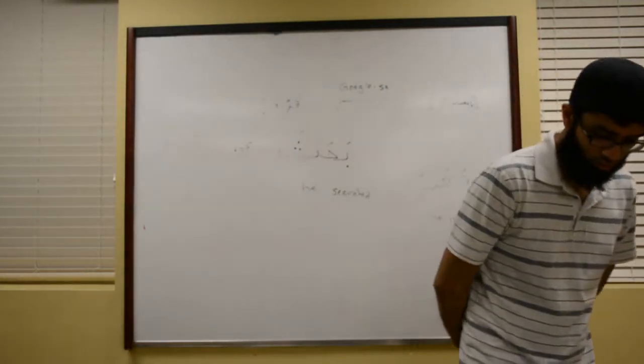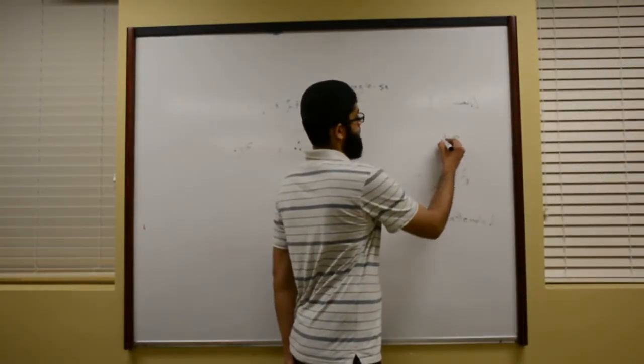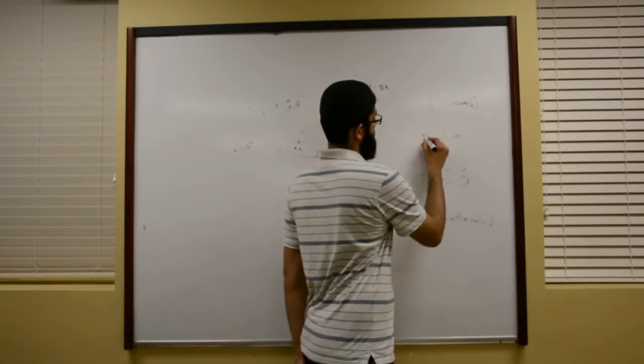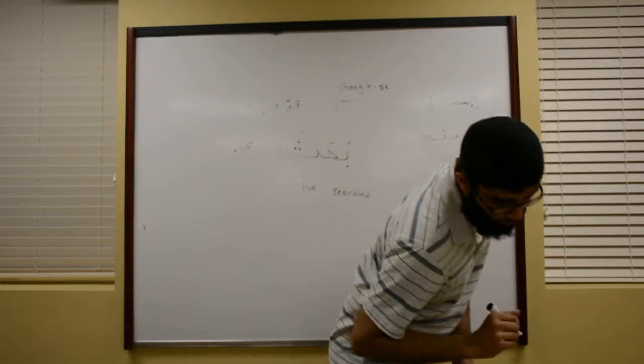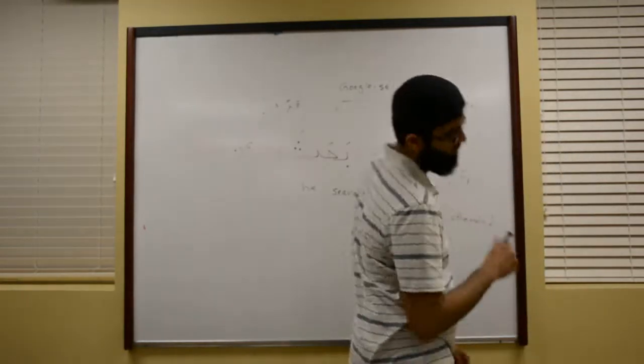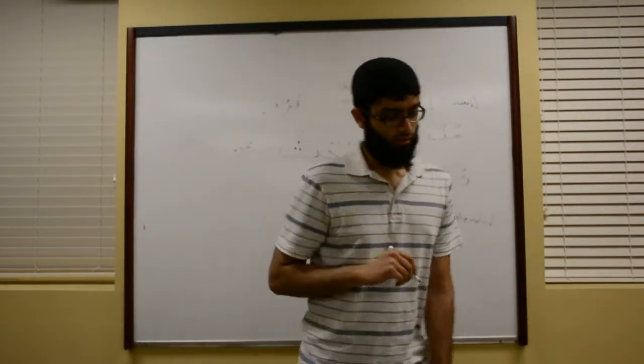Sister Tahira, do mana'a. What is that? Mana'a is on, I forget, which column? Mana'a is on the third column. Halfway down, it means he prevented. Prevented. Okay.